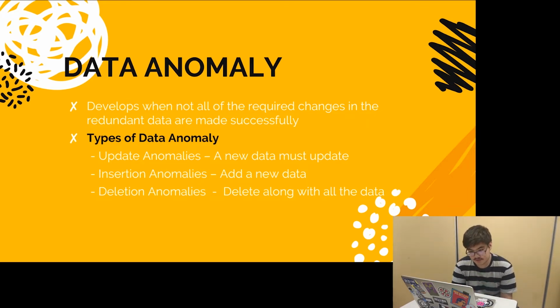The second is insertion anomalies, where someone wants to add a new record, such as an email address or phone number. And lastly, deletion anomalies, where deleting a record deletes along with all its data. For example, if they delete one record, others will also be deleted.